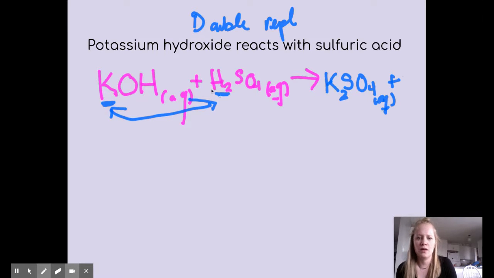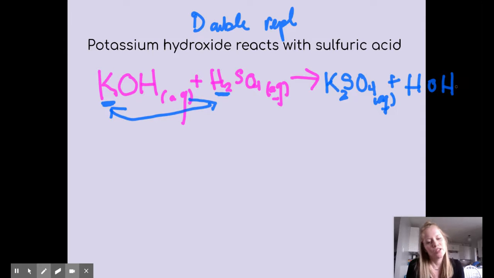And then the hydrogen is now with the hydroxide. So H, OH, and you should actually recognize that as something a little familiar to you, called water. So this is in liquid state, okay? So there is our equation starting, products finished.